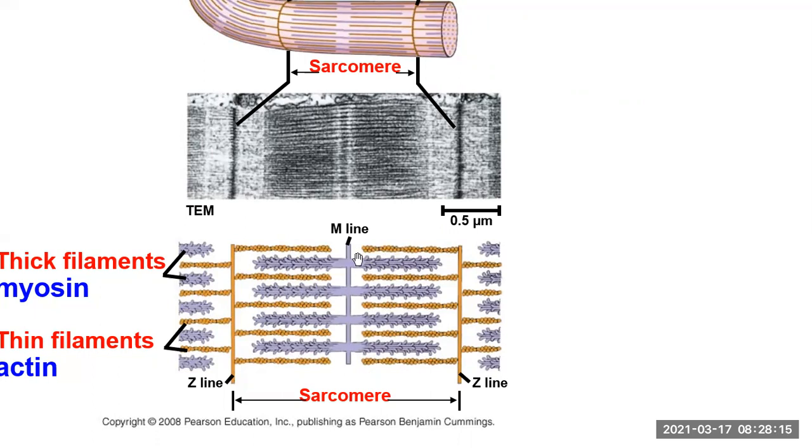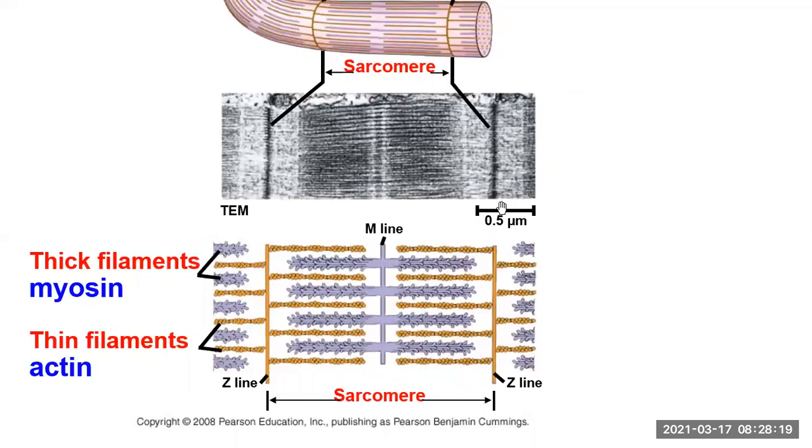There's space between them. Now, between the actins, there is a myosin protein. This is the myosin, the thicker one.